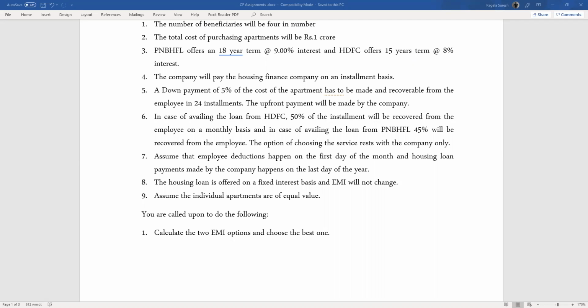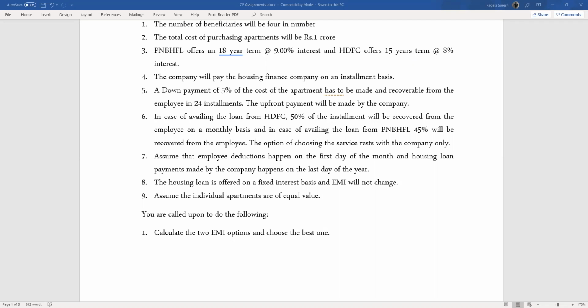For HDFC, that is the 15 years term at the rate of 8%. HDFC 8%, yes.